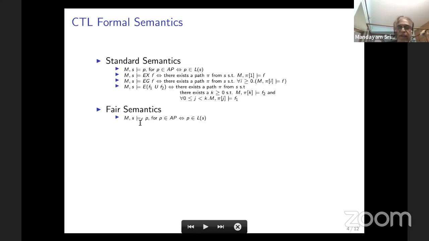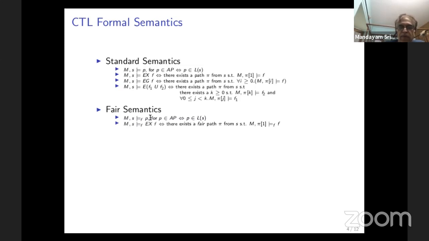So if it's an atomic predicate, the intuition is that it is enough for a formula to be satisfied on all fair paths from the state. Since a predicate is satisfied right in the first state and is not dependent on any path, it is defined the same way as in standard semantics. So it is satisfied if it is satisfied in the first state.